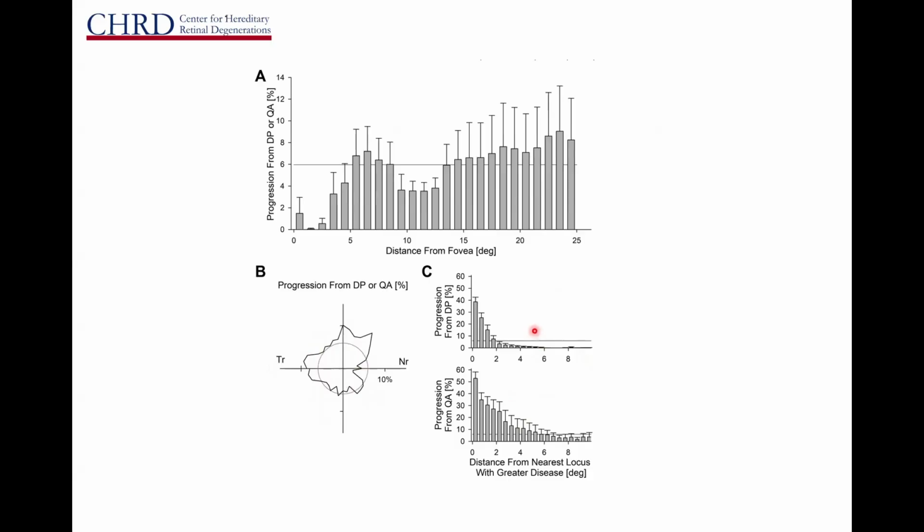And the answer is a very definite yes, and most obvious in the last plot, which is the progression in terms of number of pixels progressing in these 2 years as a function of distance from the nearest locus with the greater disease. So when you have a pixel that is very close to another pixel that has greater disease, there is almost 50-50 chance that they will progress. That is very different than the 6% average.